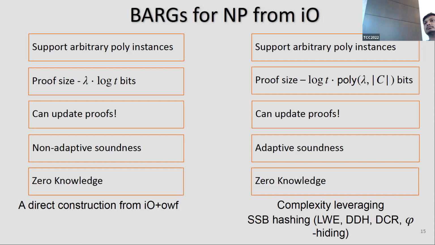So when you update the proofs, do you prove adaptive soundness for updated proofs, or is soundness defined only for single shot proofs? Do you have adaptively sound multi-shot updatable proofs? Do you have a definition like that, or is it just adaptive soundness for one shot proofs? So you mean that if the original proof verifies and then you want to output an updated proof.